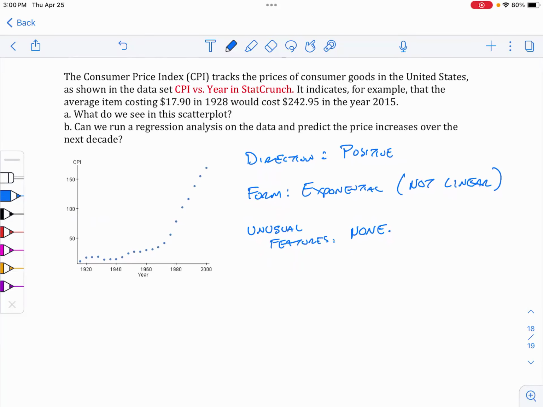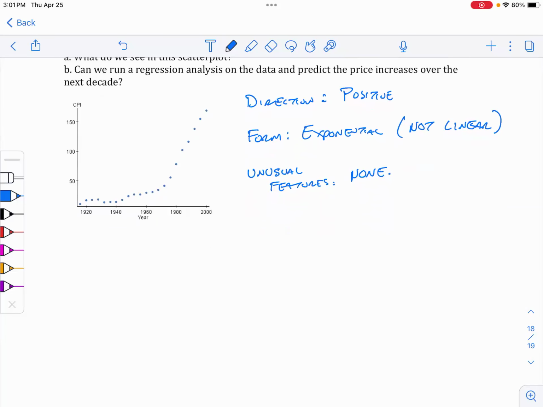So the next question says, can we run a regression analysis on the data and predict the price increases over the next decade? Since this is not linear, remember that we have our conditions of correlation.